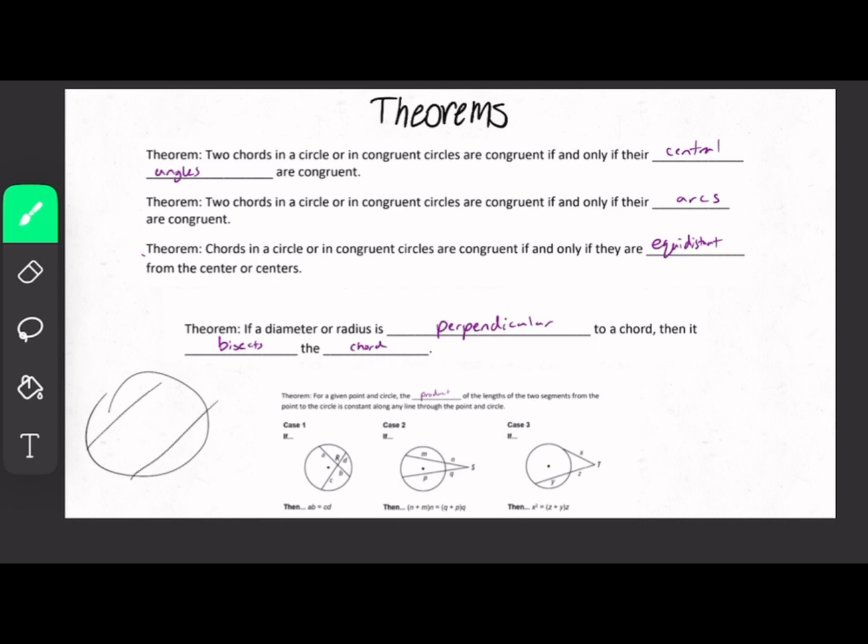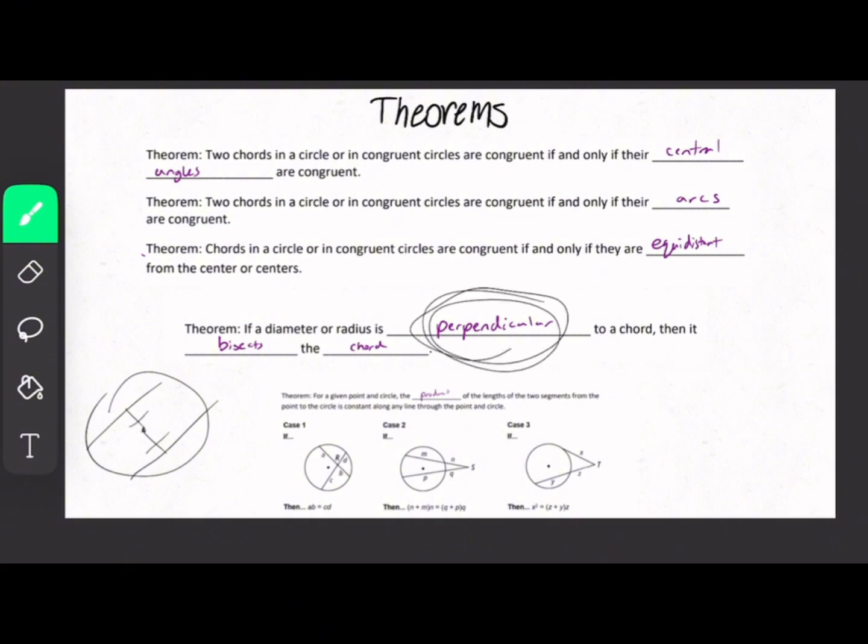So this would mean that this chord and this chord would be congruent because they are equidistant from the center. That also works with the next one.